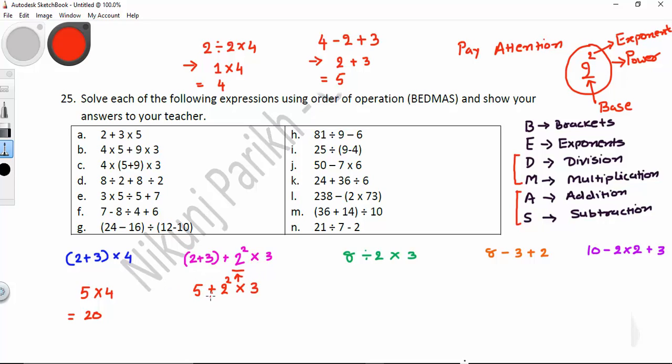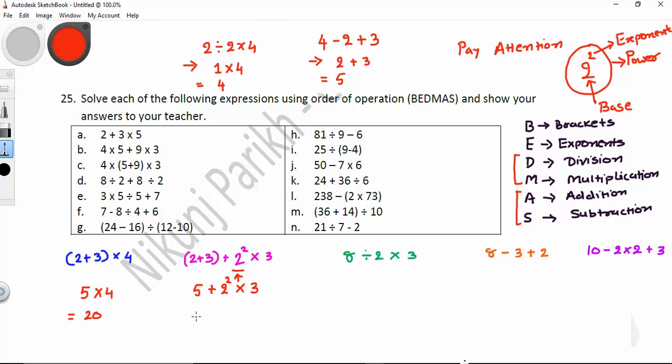Now we have addition, multiplication and exponent. And as per the priority, now I have to solve exponent first. In the next exercise, you will learn that this is simplified to 4. So 2 squared is 4. So for now, you can just accept it.